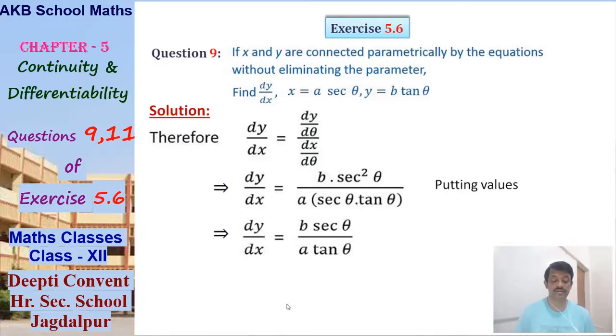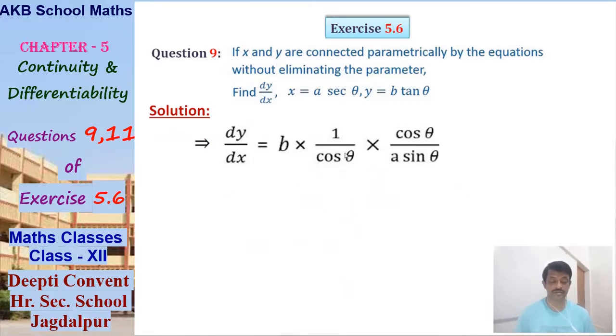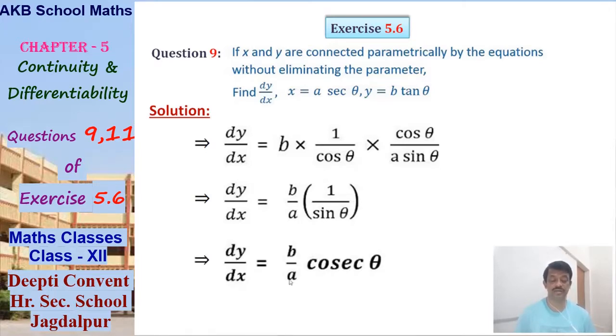Now you can reduce it: sec means 1 by cos and tan means sin by cos, so 1 by cos cancels. So b by a into 1 by sin theta. Cos theta cancels, and 1 by sin theta means cosec theta, so b by a cosec theta.